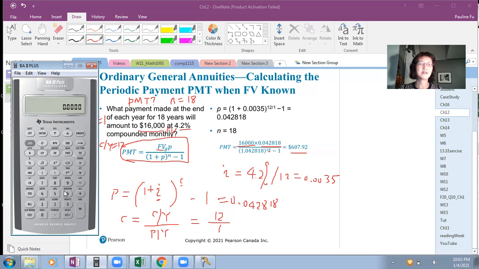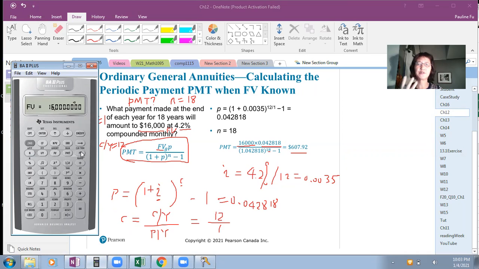Now term n is 18. And 4.2, interest IY. 16,000 is future value.